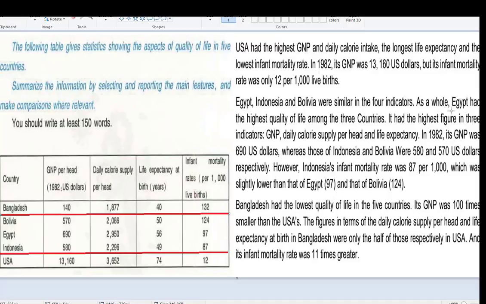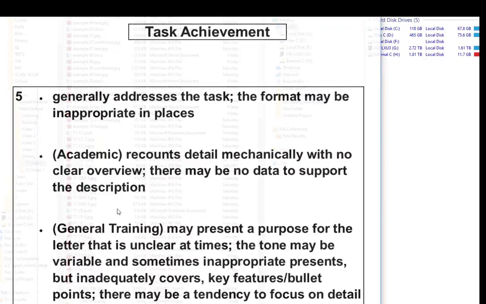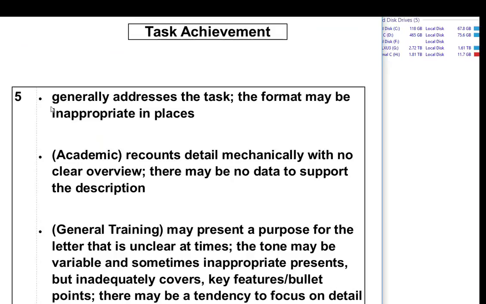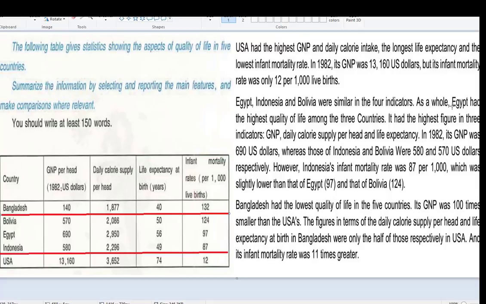So it's not mechanical. If you look at the band descriptor, it says recounts details mechanically. No clear overview. I wouldn't say it's mechanical, because there is some analysis happening here in this sentence. I don't know why countries is capitalized, but okay.